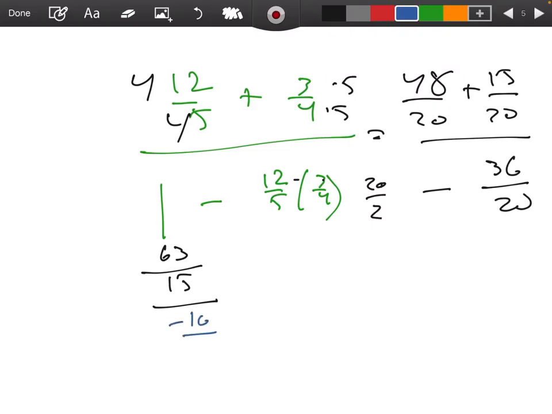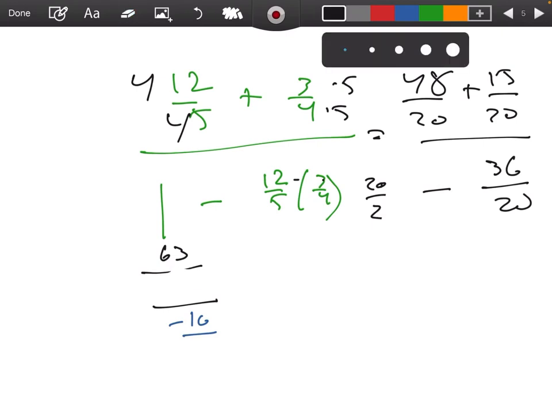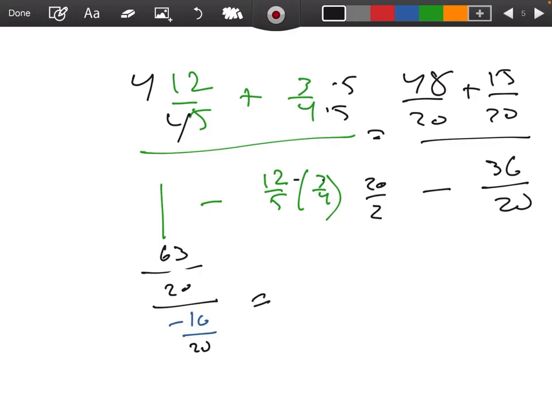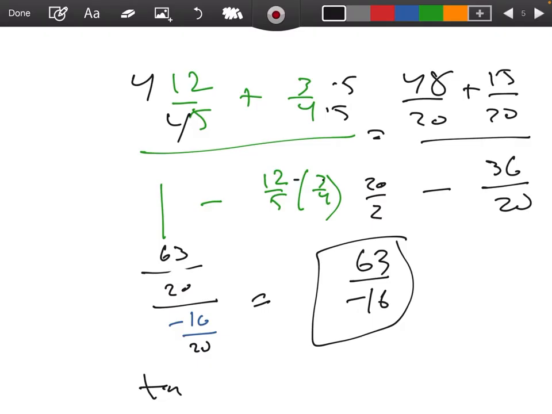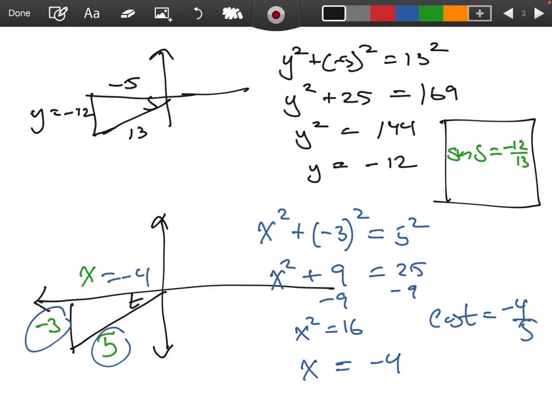Oh, why did I put a 15 down here? Sorry, it should have been a 20. Negative 16 over 20. So that's going to give me 63 over negative 16. So here's my tangent of s plus t, 63 over a negative 16.